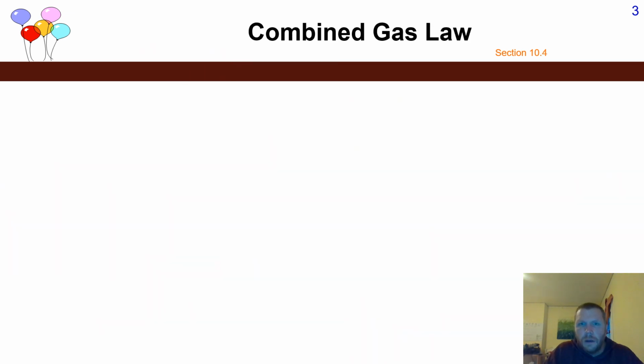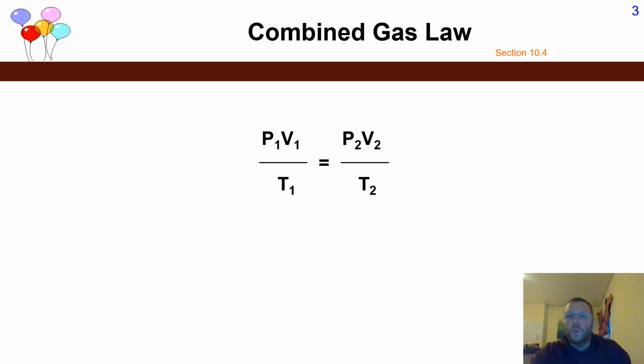All right, now when we go on from here, we've got something known as the combined gas law. The combined gas law relates pressure and volume of two different gases to the temperatures of those two different gases. You can look at this almost as being similar to C1V1 equals C2V2.